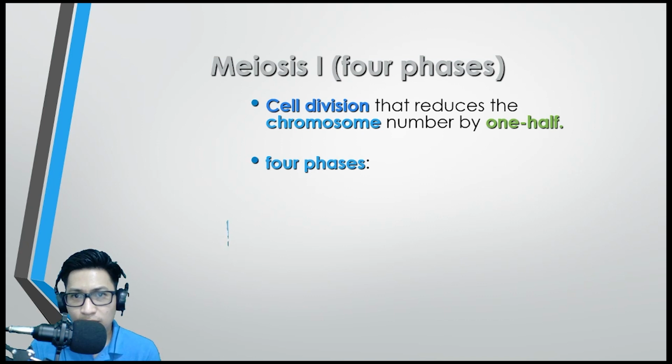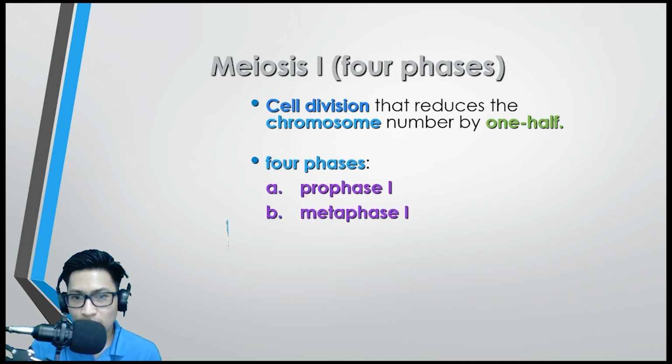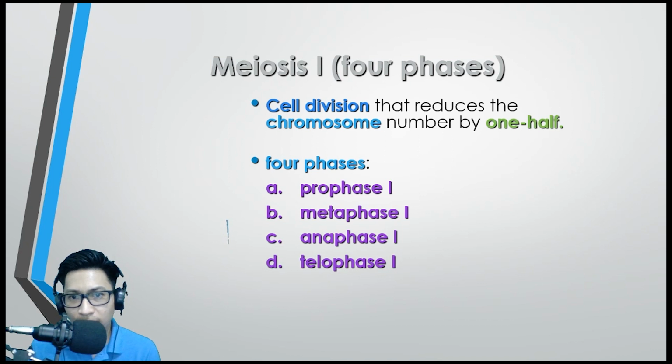Meiosis 1 has 4 phases: prophase 1, metaphase 1, anaphase 1, and telophase 1. As we have mentioned, meiosis and mitosis are similar in their process. They only differ in the chromosomal difference.